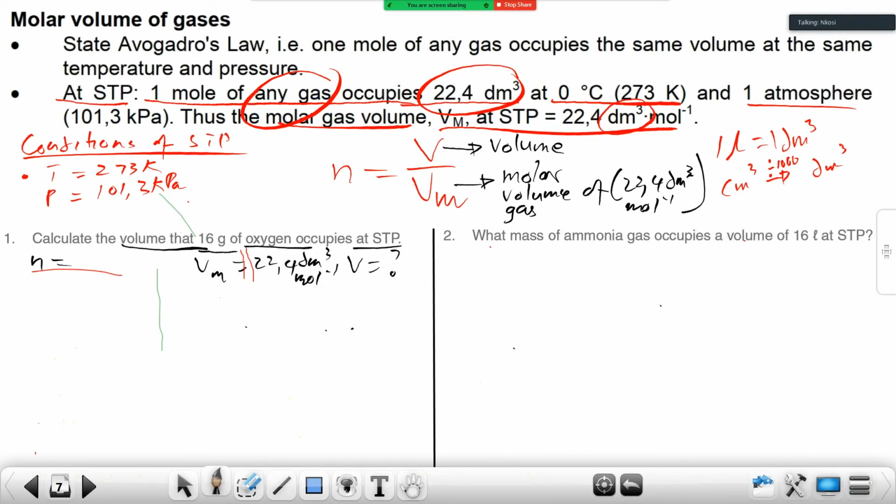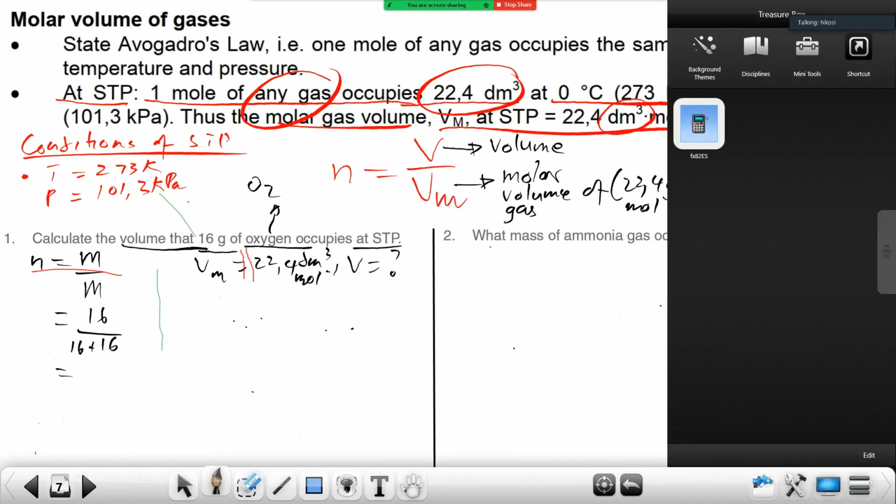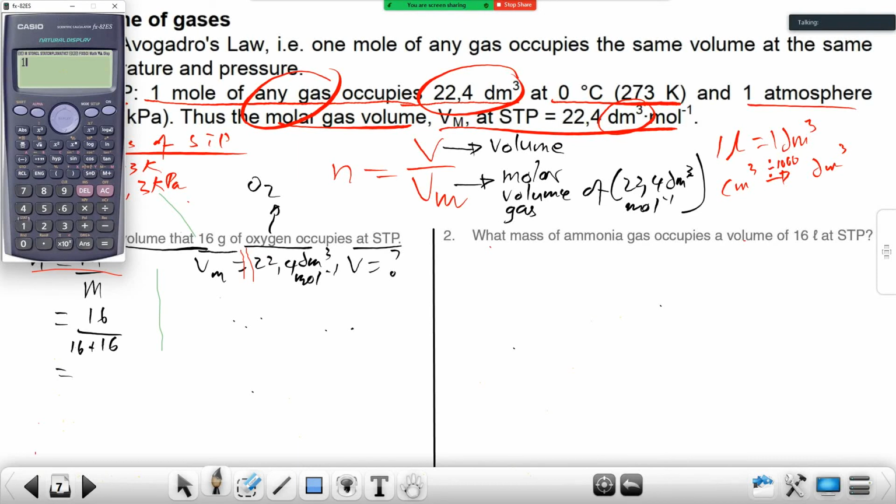So what must I do first? I must calculate the number of moles. The number of moles is m over M, which is equal to 16. The molar mass of oxygen is 32 because oxygen is O2, so it will be 16 plus 16, that is 32. Then on my calculator, it's 16 divided by 32. This will give me 0.5.